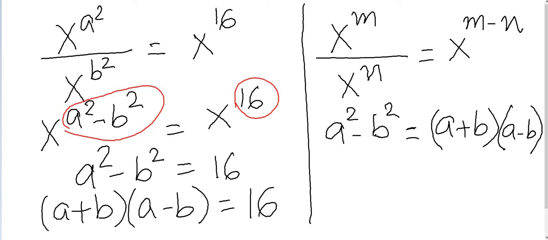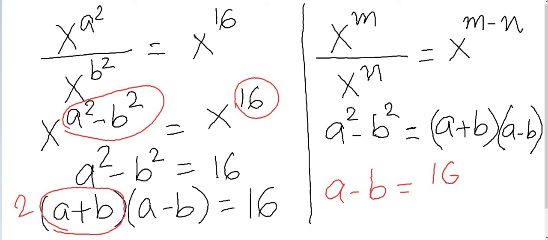Alright, so now a plus b is given to you in the question as 2. So you have 2 times a minus b is equal to 16. Therefore a minus b will be 16 divided by 2, which is 8.